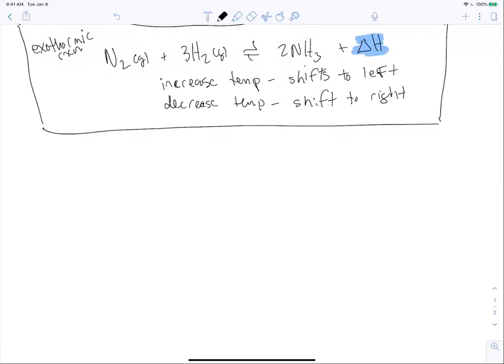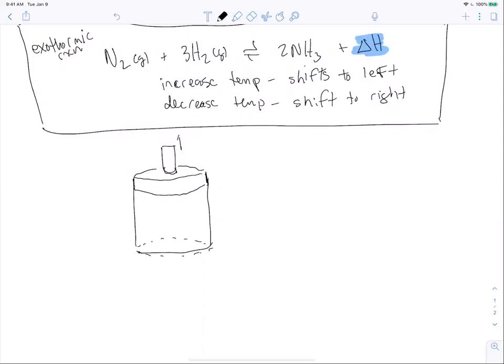is, well, let me think about how to phrase that. If you increase the pressure, so let's say that you have a cylinder and it's fitted with a piston right here.